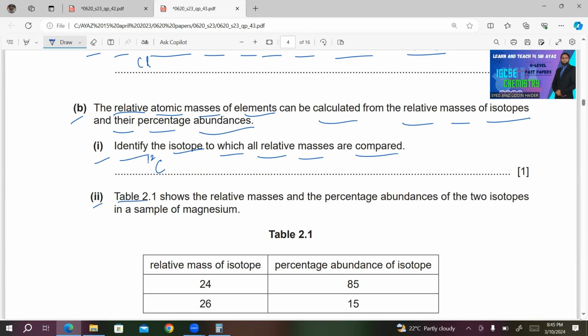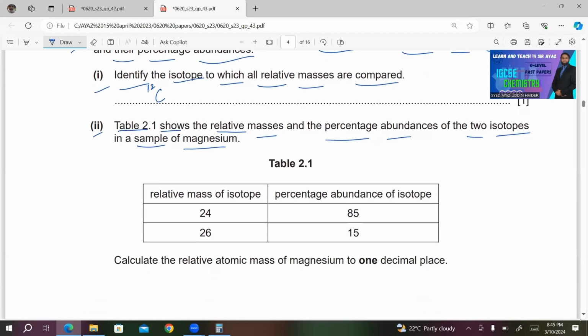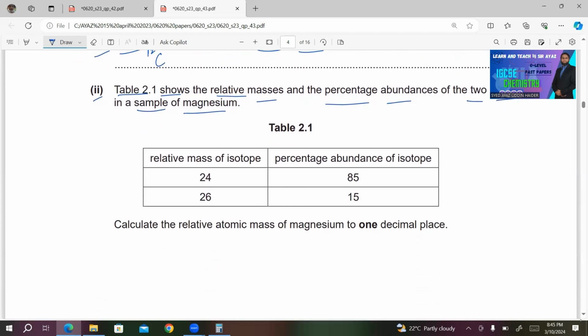Number 2, table 2.1 shows the relative masses and the percentage abundances of the two isotopes in a sample of magnesium. So we have relative mass of isotope 24, its percentage abundance is 85, and another isotope has relative mass of 26 and relative abundance is 15.